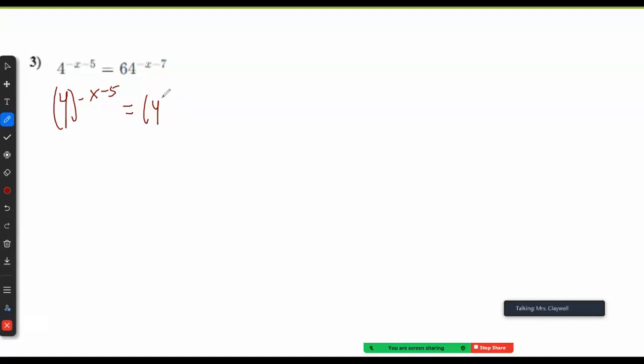Actually, I was wrong. You can do 4, or you could have done 2. Either one would have worked and gotten us the same answer. So you could have set this up 2 squared and then 2 to the 6th. I'm going to continue with this one.